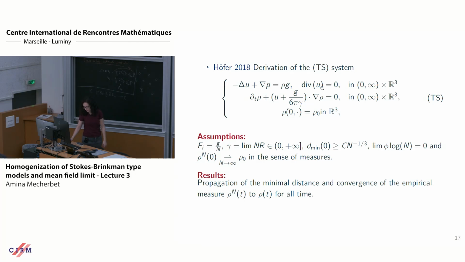I will also say something about well-posedness. We have global existence and uniqueness of such a solution, provided that rho_0 is, for instance, a probability measure which is bounded.